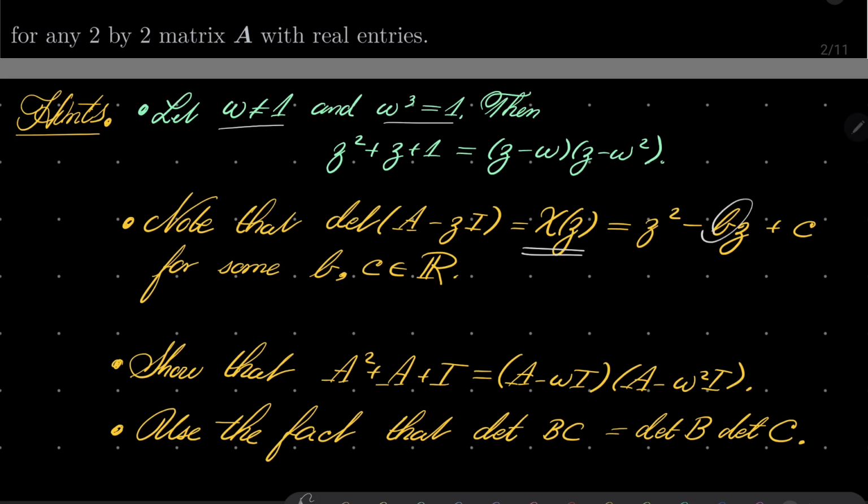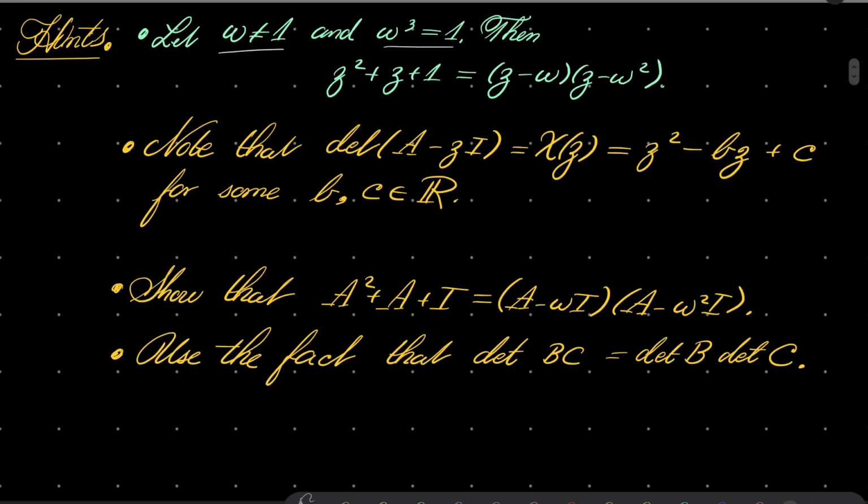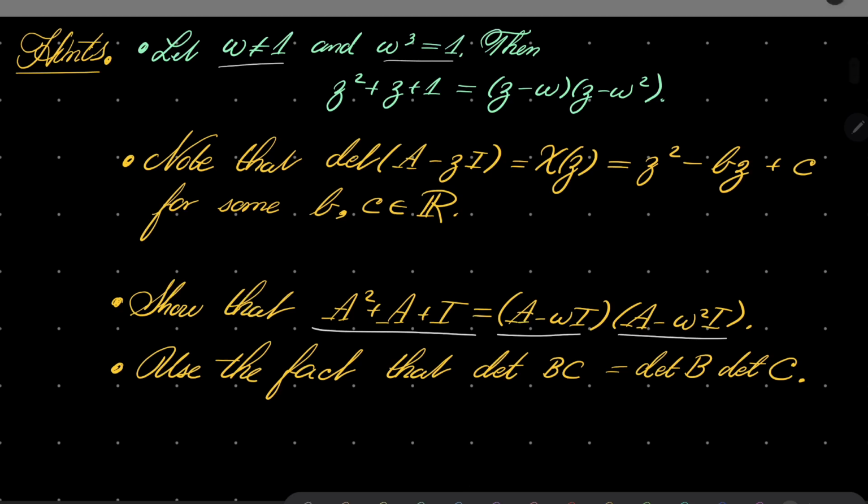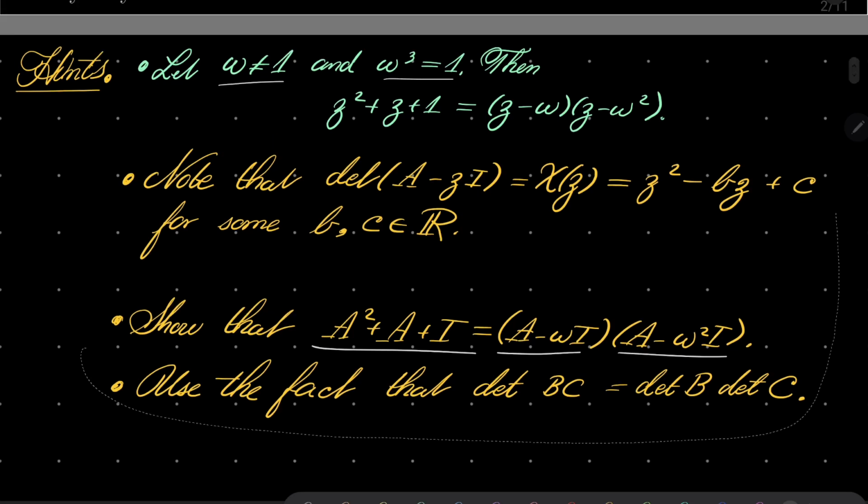In fact, B is the trace of matrix A, C is the determinant of matrix A, but we will just notice that this is for sure a quadratic polynomial with real coefficients B and C. Next, use this fact about the primitive cubic roots of unity to factorize A squared plus A plus I as (A minus omega I) times (A minus omega squared I), and use the fact that the determinant of a product of matrices is the product of determinants. So give this problem a try, and I will see you in just a minute.